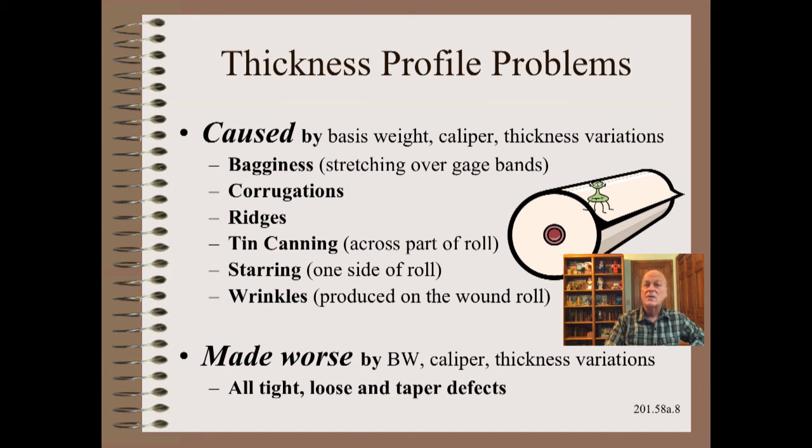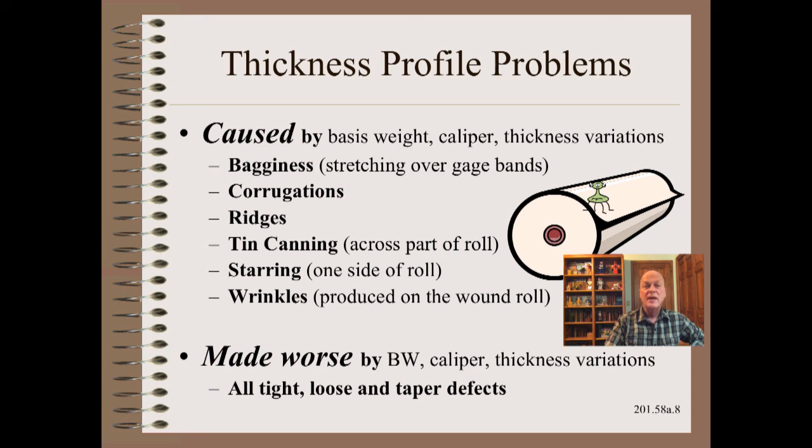However, those defects that are made worse with thickness profile variation include nearly every tight defect, and nearly every loose defect, and most taper defects. In sum, quite a long and serious list. Way too much to include here.